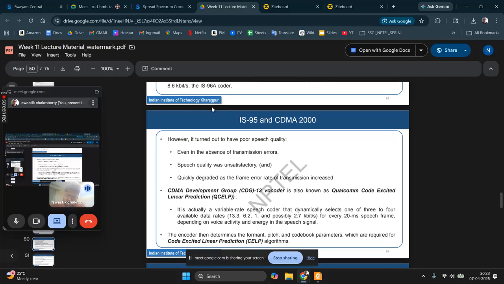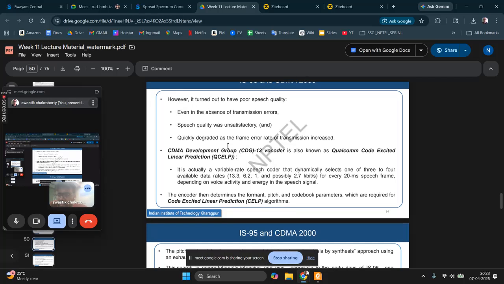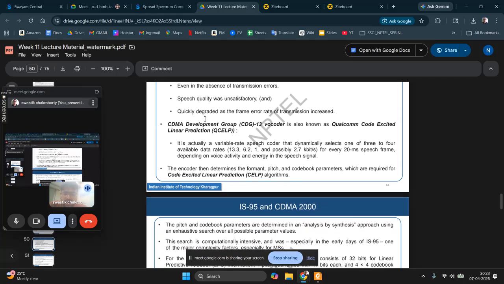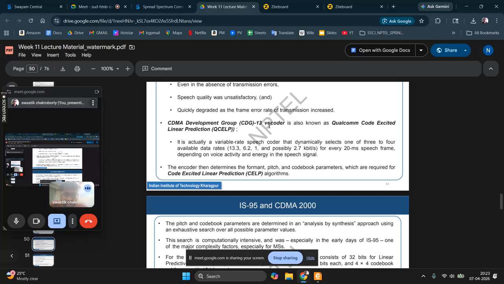The speech quality for IS95 was poor. So next we had the CDMA Development Group 13 vocoder, also known as the Qualcomm vocoder, code excited linear prediction.